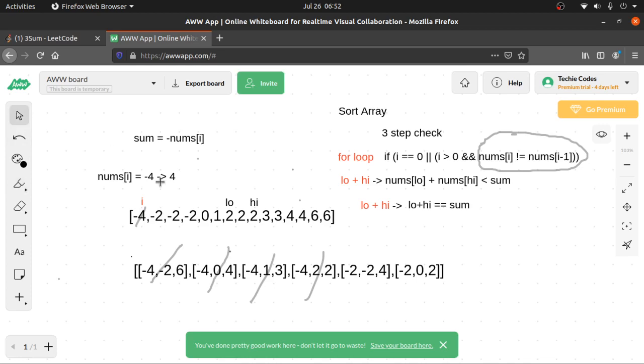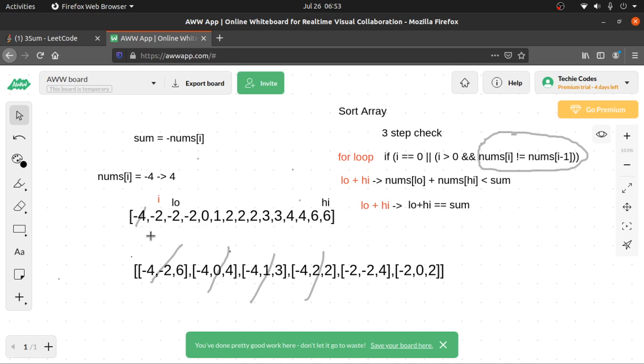So what are we going to do now? Check the next i index, and put the low pointer and high pointers. Okay, so here what we do is, we need to check i is greater than 0, and nums of i is not equal to nums of i plus 1.